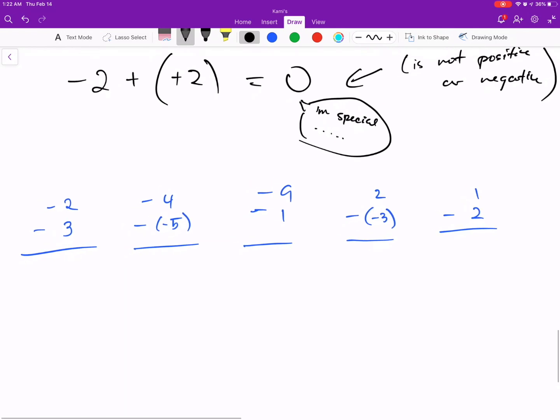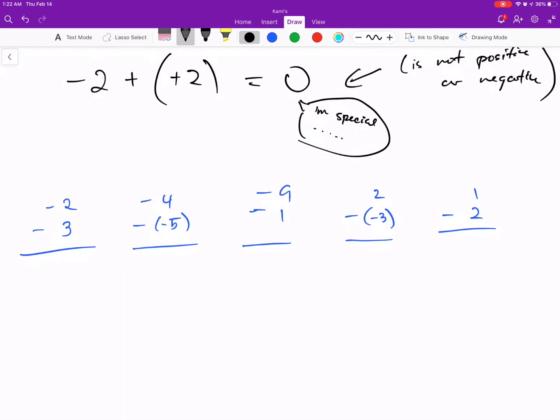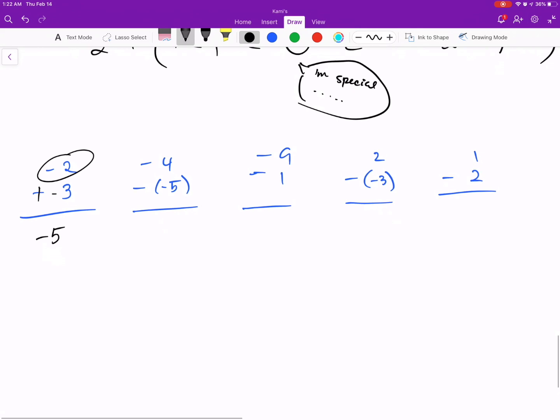Well, negative 2 minus 3. So we're going to keep, change, flip. So negative 2 plus negative 3 is going to be negative 5. Now here, very interesting. Why did we add?